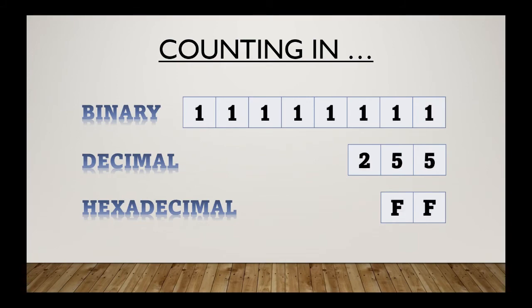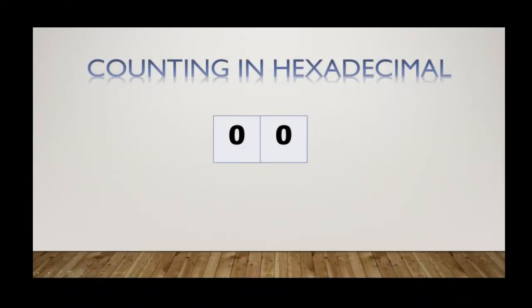Well, that's exactly the same way that we count in hexadecimal. So if we have, let's say, 2 hexadecimal characters, we start with the rightmost one, it starts at 0, and we increment it from 0 through F, and then after F, it goes back down to 0, and the character to the left of it increases to 1.